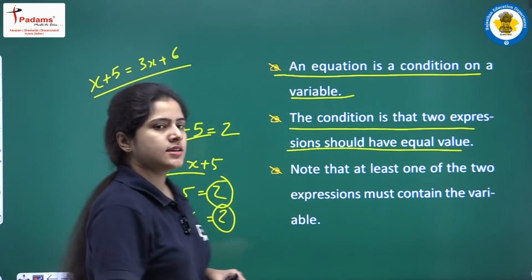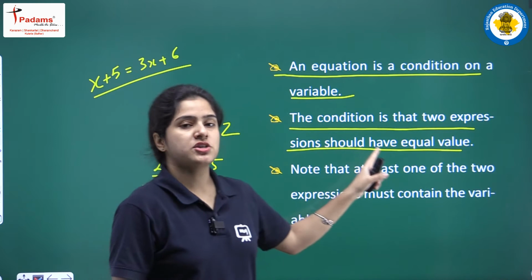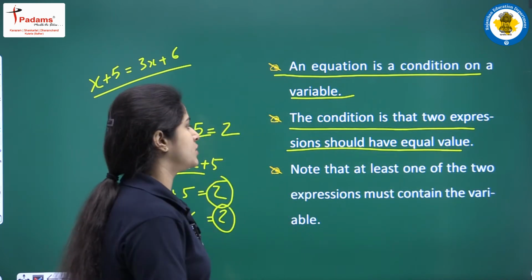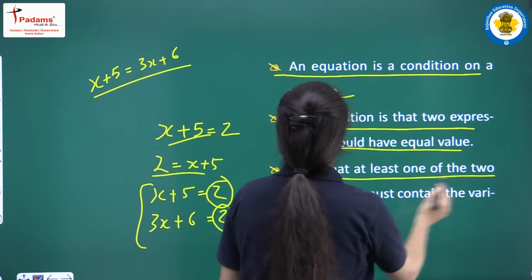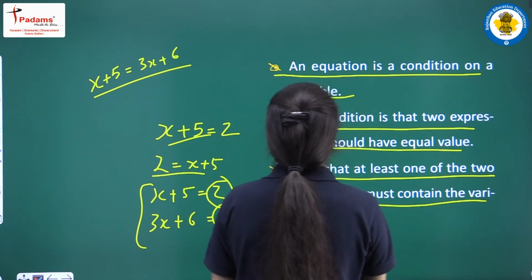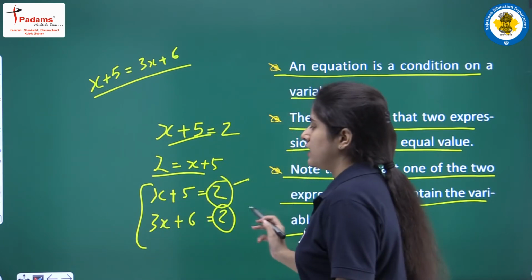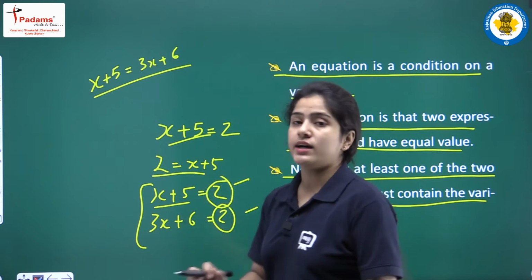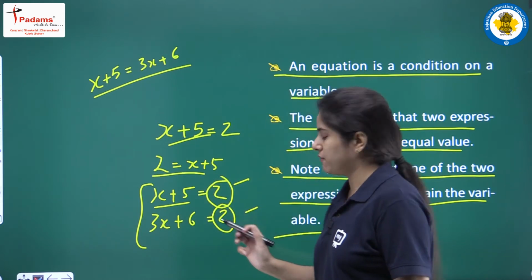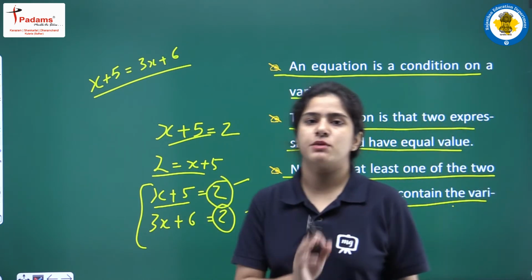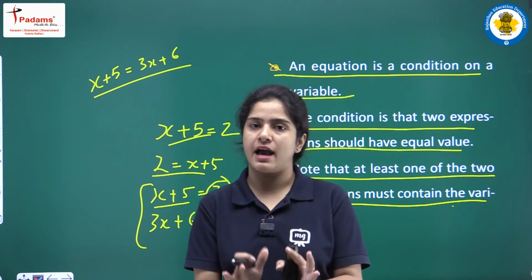Alright, students, so both expressions should have the same values. Alright, students, note that at least one of the two expressions must contain the variable. At least one expression should have a variable.